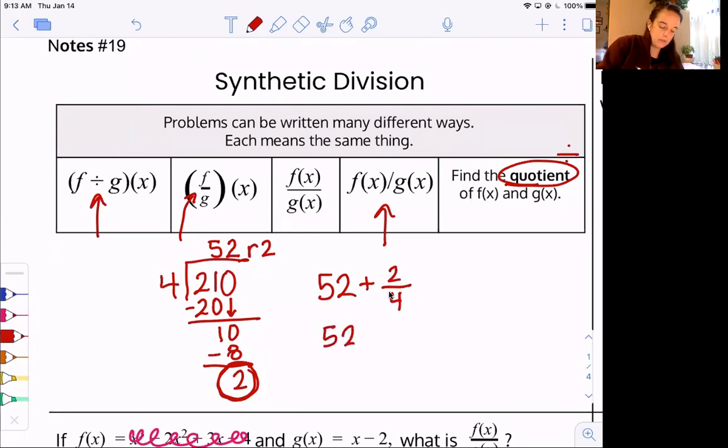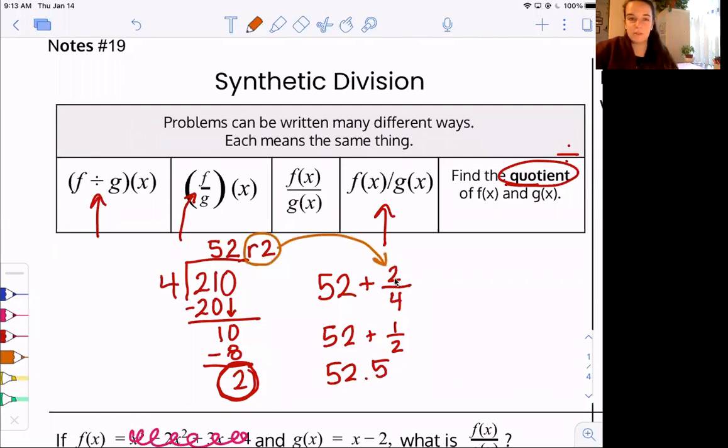We have 52 plus 1/2, which would just be 52.5. The important piece that we're going to notice today is how the remainder turns into a fraction here. So we'll do that at the end. Seems a little funky, but we will jump into it.